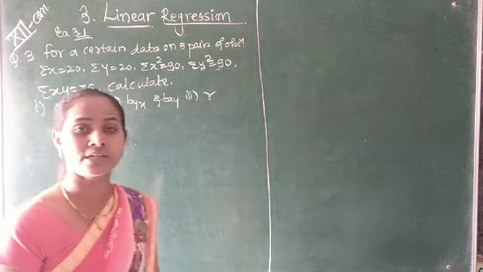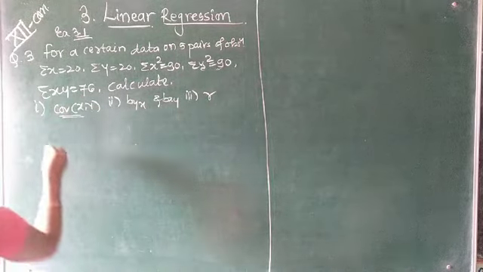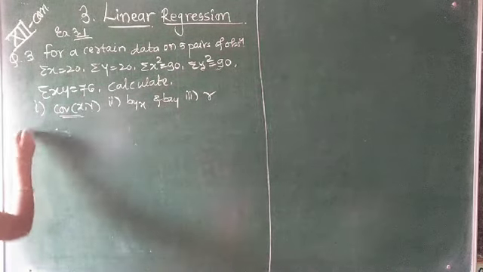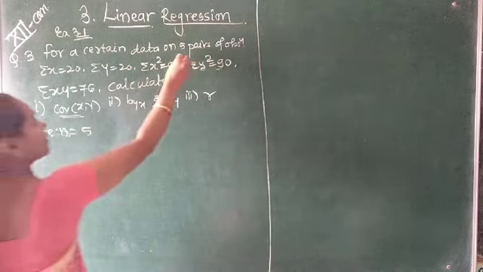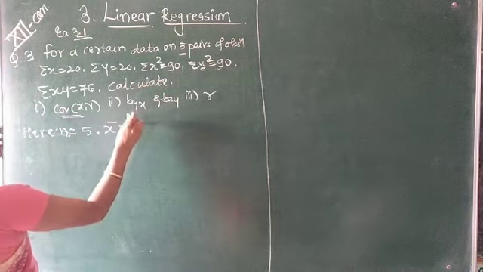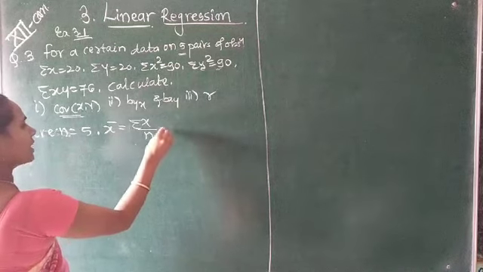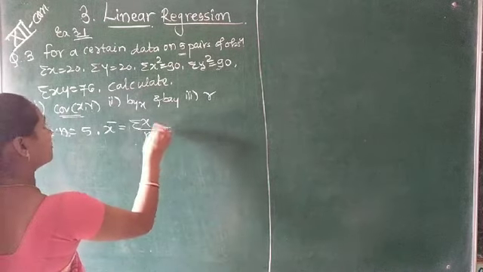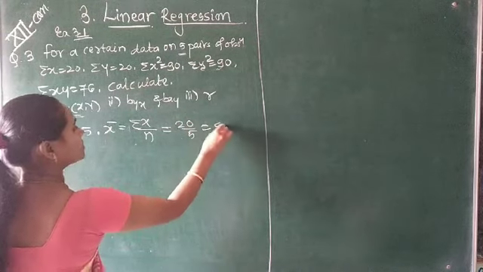First of all we have to find the means, x bar and y bar. Here n is equal to 5, that is 5 pairs of observations. Therefore x bar is equal to summation x upon n. What is summation x? 20. 20 upon 5 is 4.